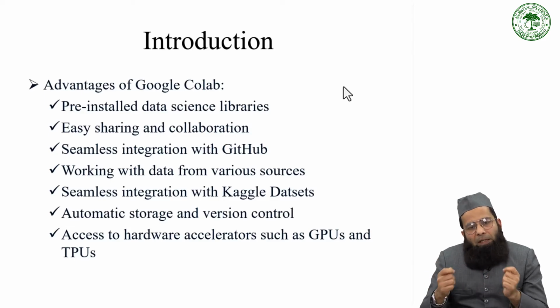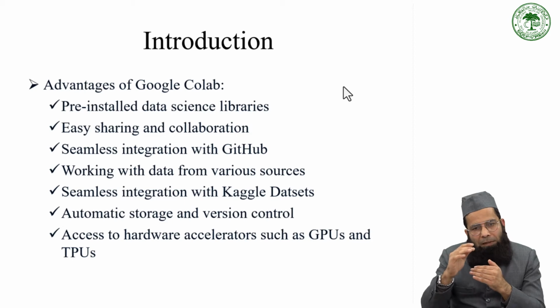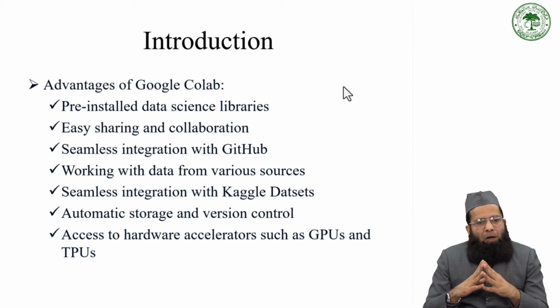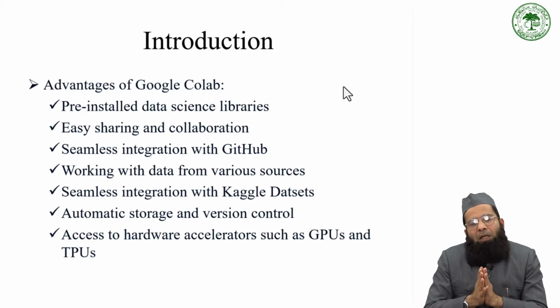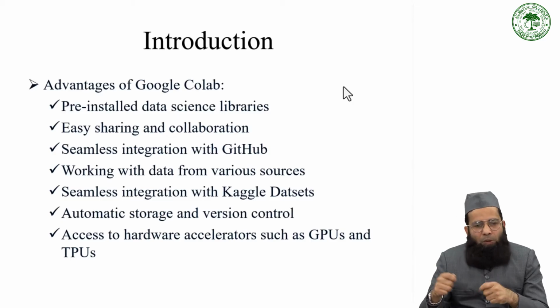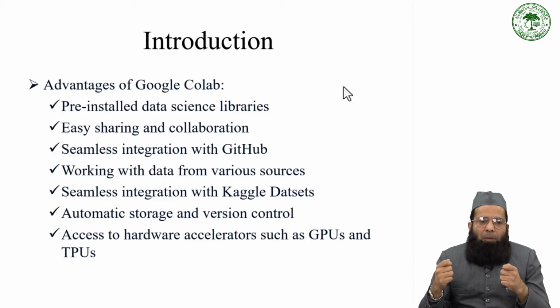Similarly, it automatically controls the version of Python as well. So all these activities are performed by Google Colab only. There are options to access hardware accelerators such as graphical processing units and tensor processing units. So you can switch to GPUs and TPUs according to your problems.